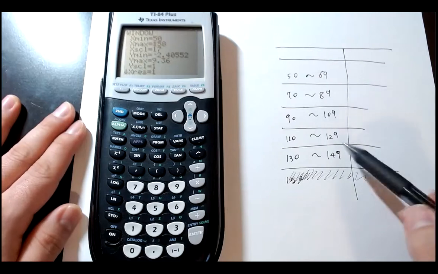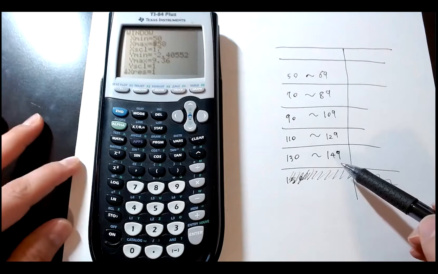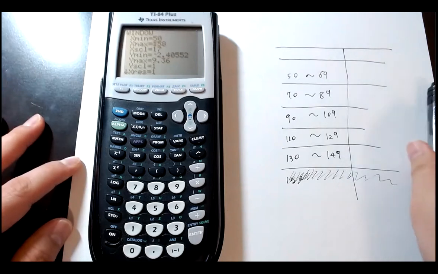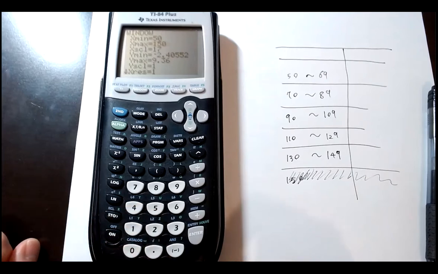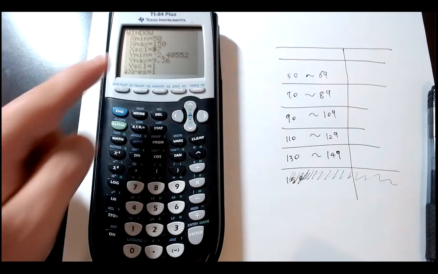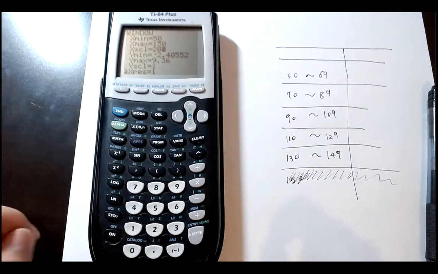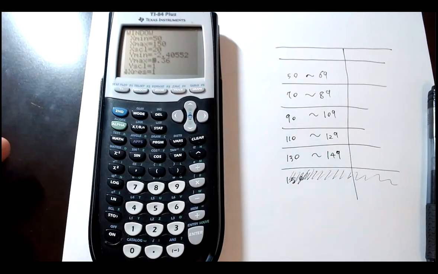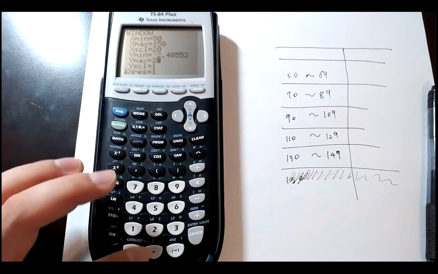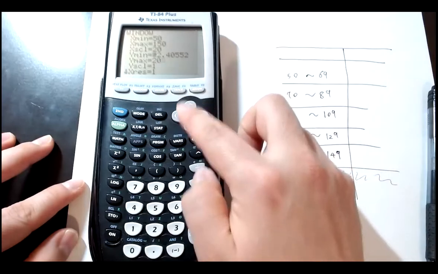So the upper limit of the last class must be 150 in the calculator. Xscl means x scale, that's the class width, which is 20. And then Ymax, you can put 20 or 10, 20, which is the total number of data values.